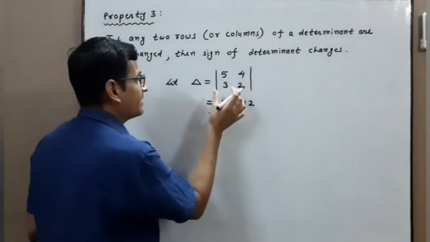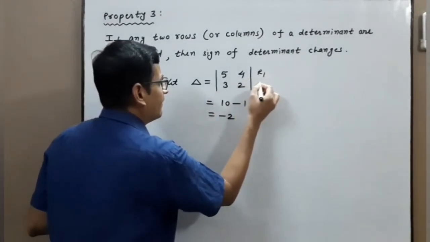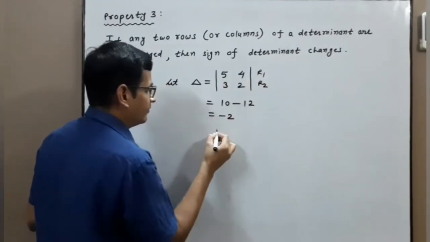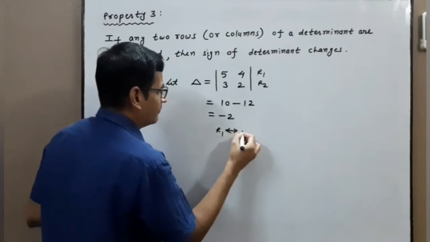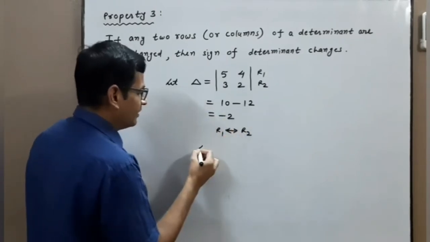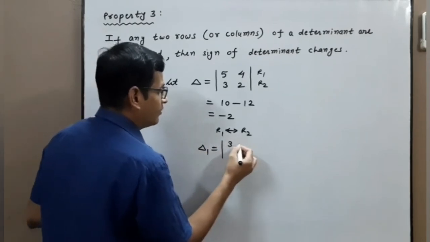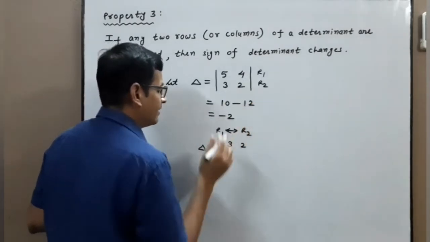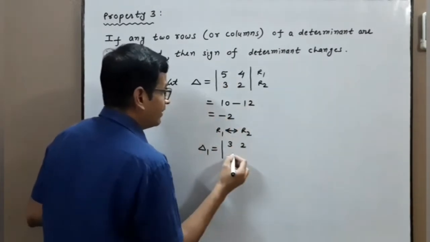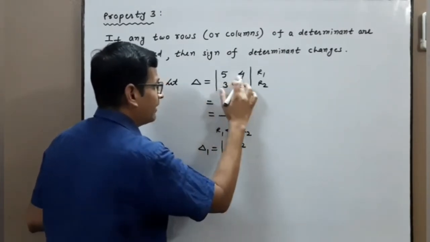If we interchange its two rows R1 and R2, then we get new determinant Del1 equal to |3 2; 5 4|. In place of R2 write R1, or in place of R1 write R2.